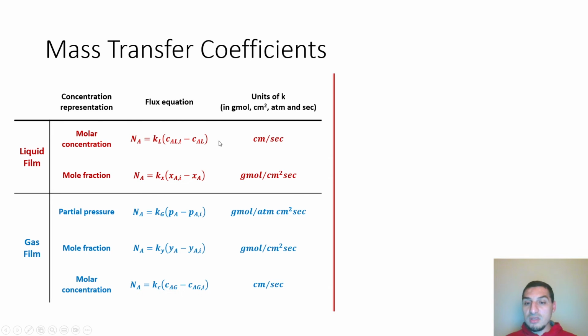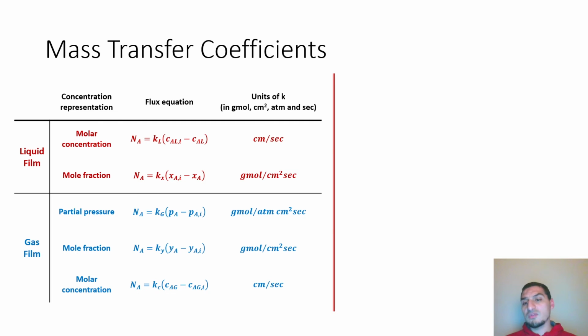You can represent it using the driving force of molar concentration, in gram mole per centimeter cube, multiplied by KL, the mass transfer coefficient in units of centimeter per second, and you have to make sure that the multiplication of these two gives you units of moles per area per time. So this is kilomole per meter square hour, mole per centimeter square second, whatever. So this mass transfer coefficient fits with this, so that they both give the desired units of the flux.